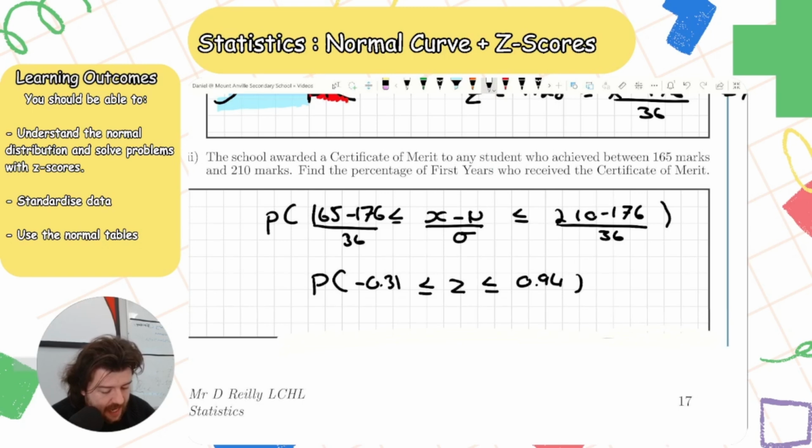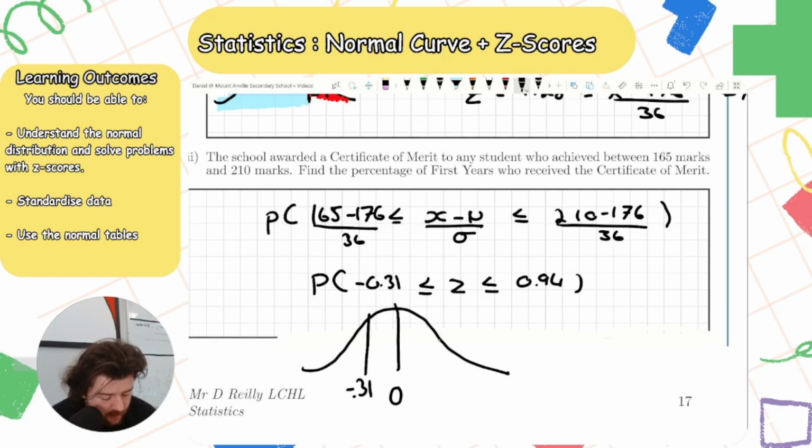So sketch it out. This is 0, this is minus 0.31, and this is 0.94. I'm looking for this area here.